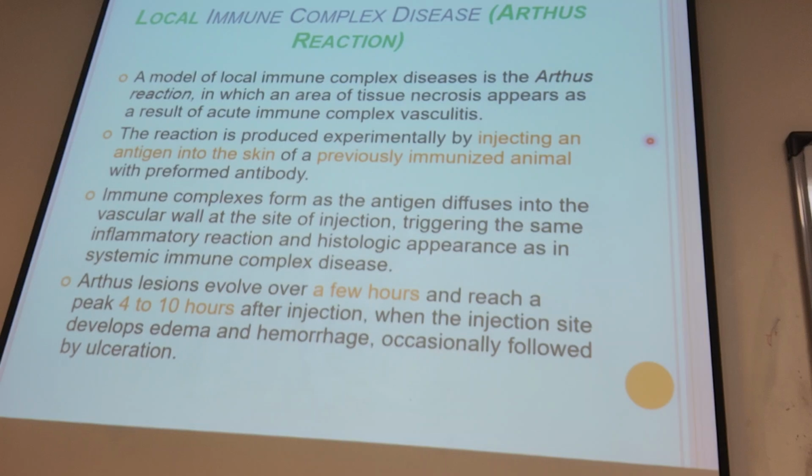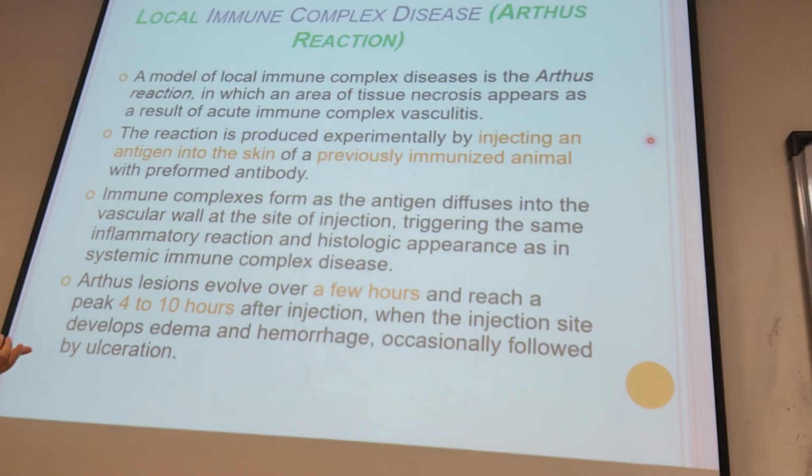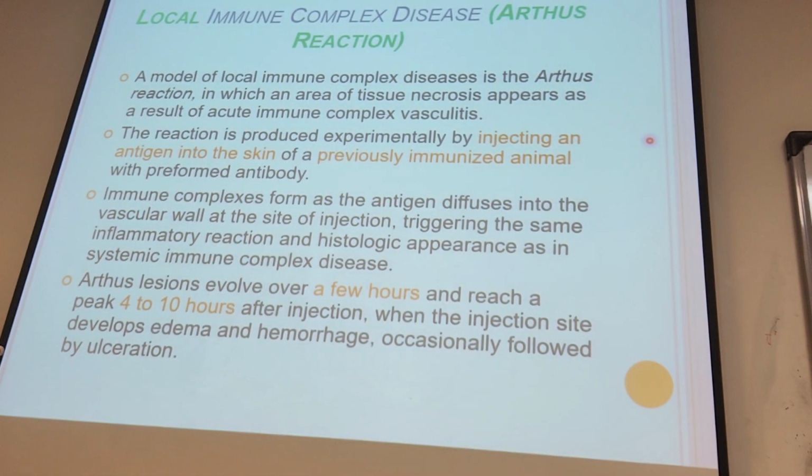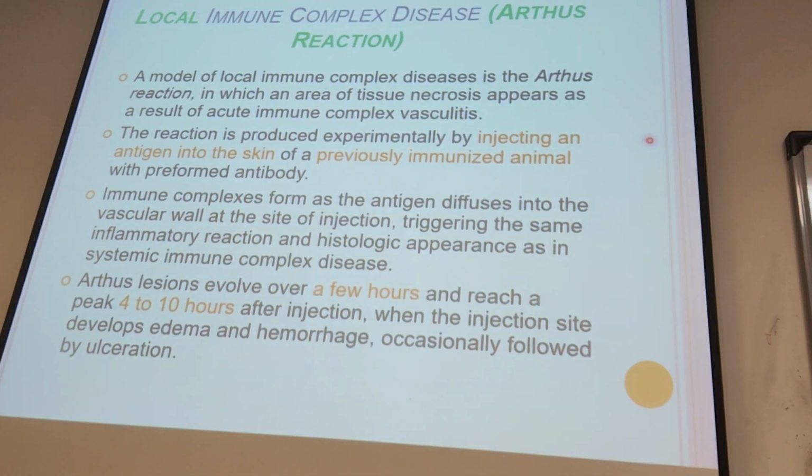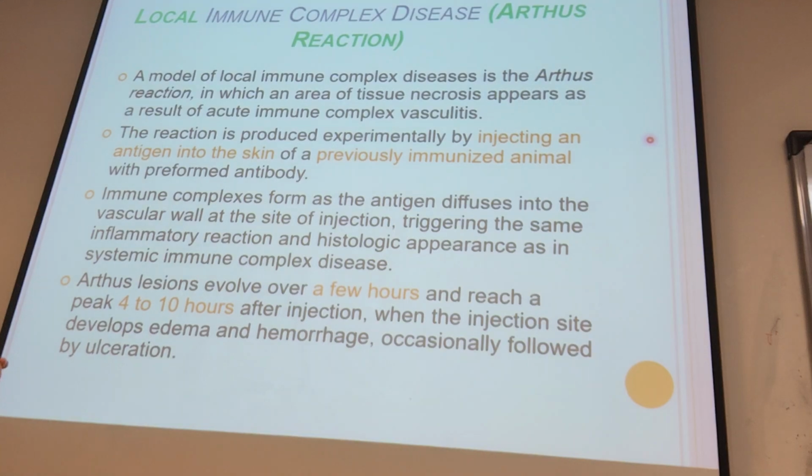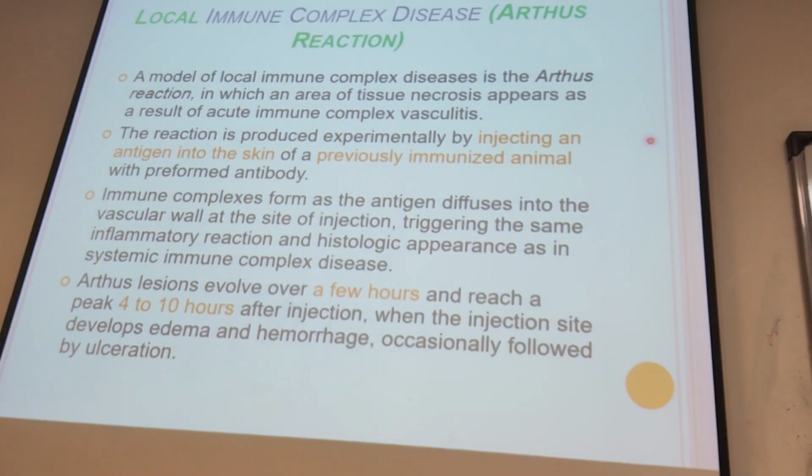For example, we inject a special kind of antigen against which the patient has antibody. So we inject this antigen, there is antibody, the complex is formed, and we have deposition of complex in the vessels locally at the site of injection.